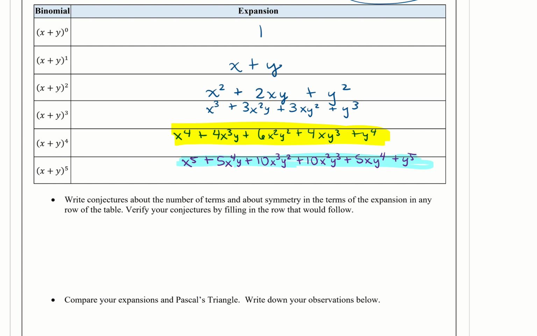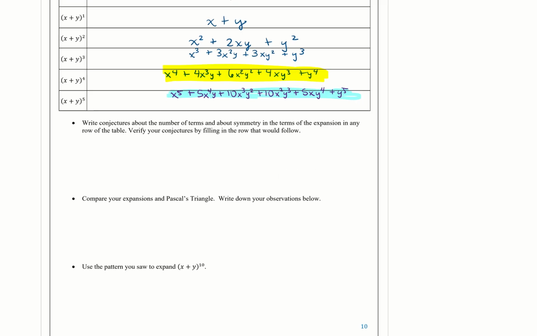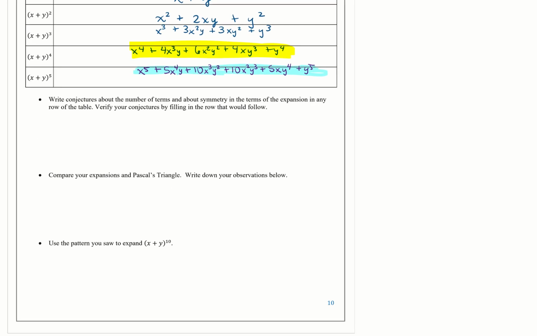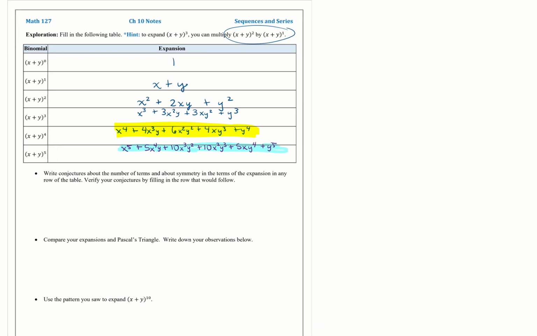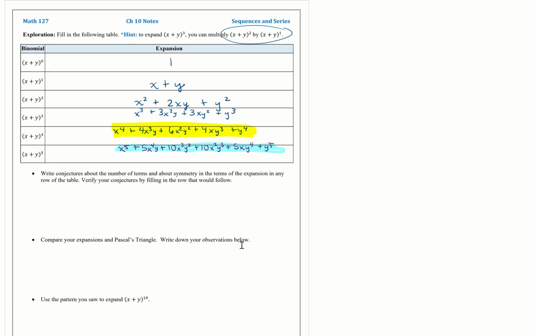And then after you verify that, write down any ideas you have there. After you've done that, compare your expansion to Pascal's triangle and write down any observations. And then we're going to expand out, we'll do together the last bullet, but if you feel confident, go ahead and try it. So pause the video, write down your thoughts, and then restart it when you're ready.